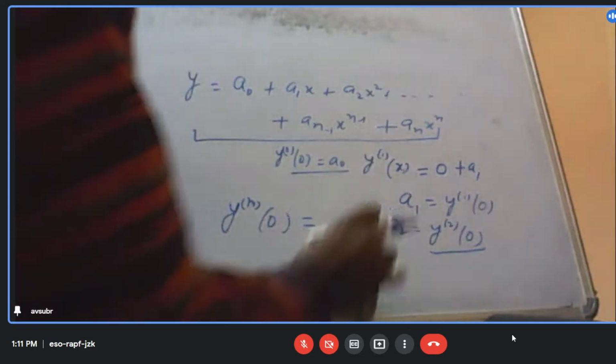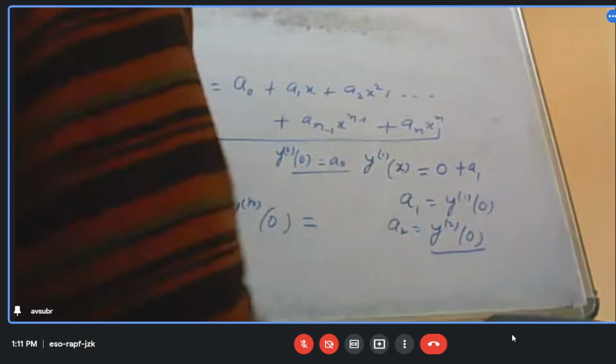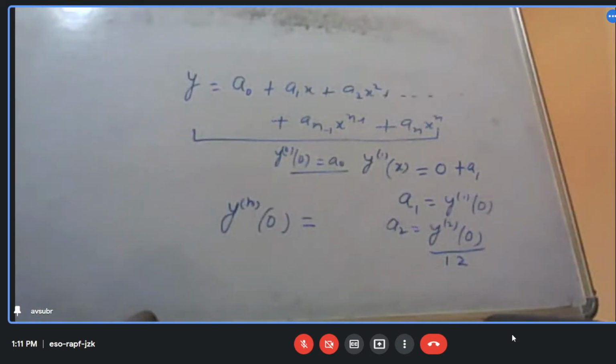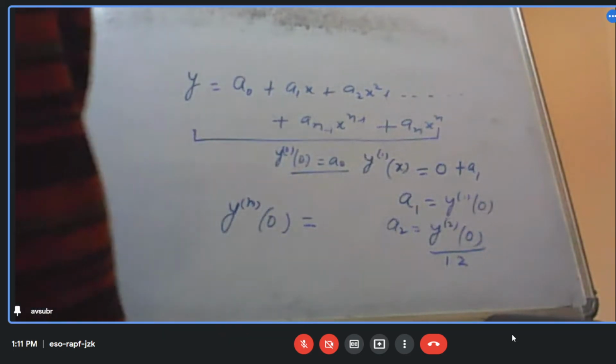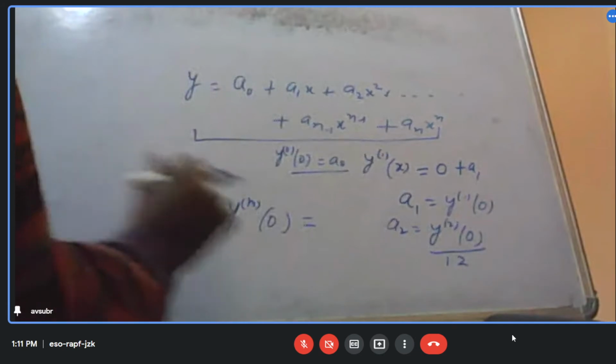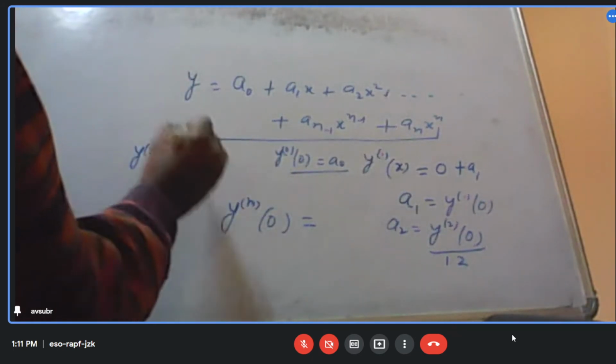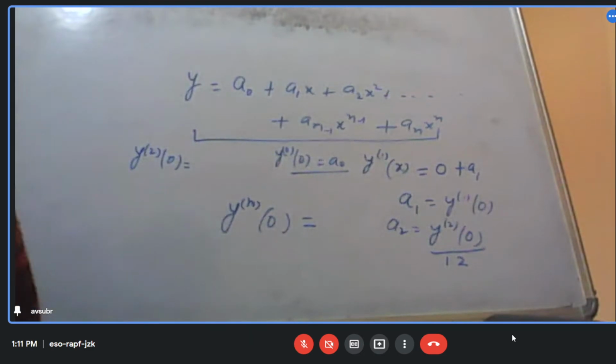So a2 will be equal to this. Am I right? All right. So now y2 will be what?